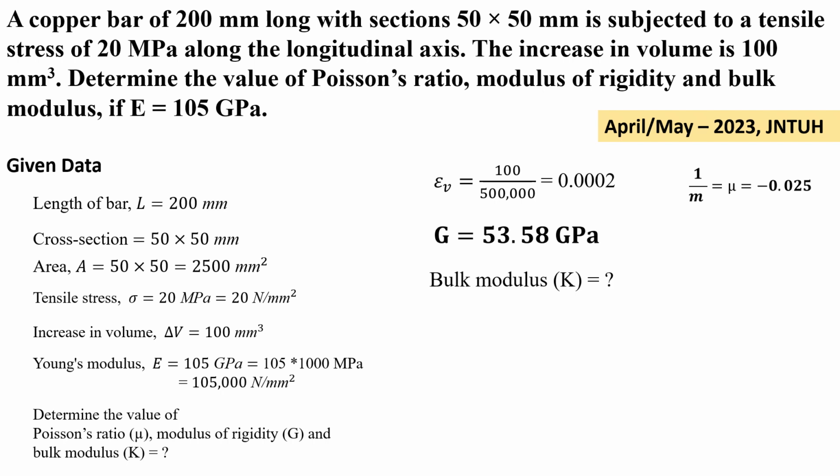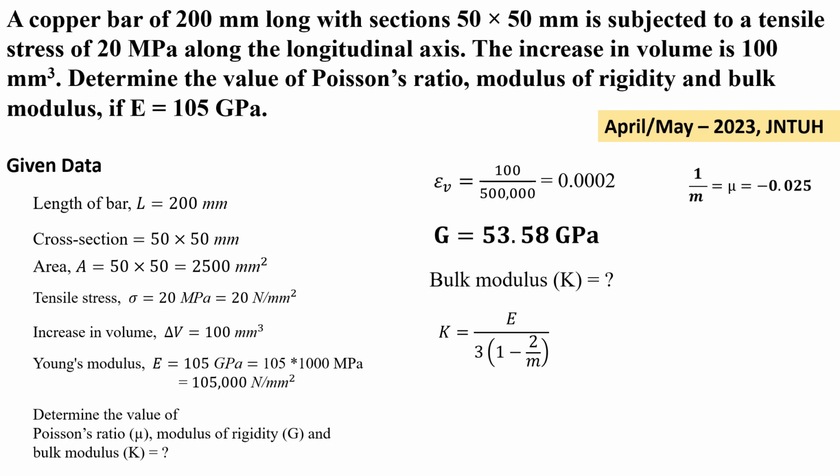Next we have to determine the bulk modulus. For this I use the relationship between the bulk modulus and the Young modulus: E equal to 3K into 1 minus 2 by m. From this, K equals E divided by 3 into 1 minus 2 by m. Here the E value we know and the 1 by m value we know.